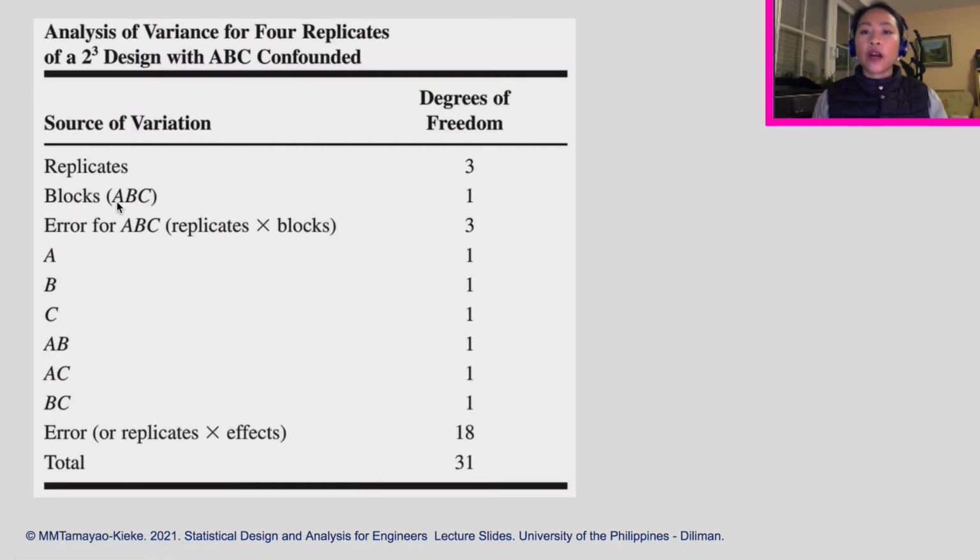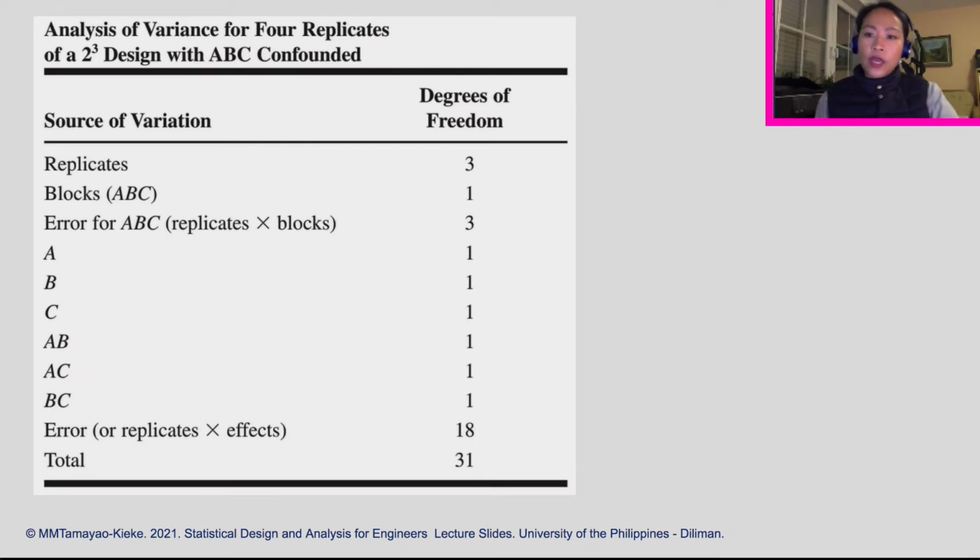Now, for the 2 to the 3 design with ABC confounded with 4 replicates, this table shows information on the analysis of variance, in particular, the sources of variation and their corresponding degrees of freedom. As you can see here, these are the sources of variation. You still have your main effects and your 2-factor interactions. Now, in this design, you have ABC confounded with a block, and we have 8 blocks.